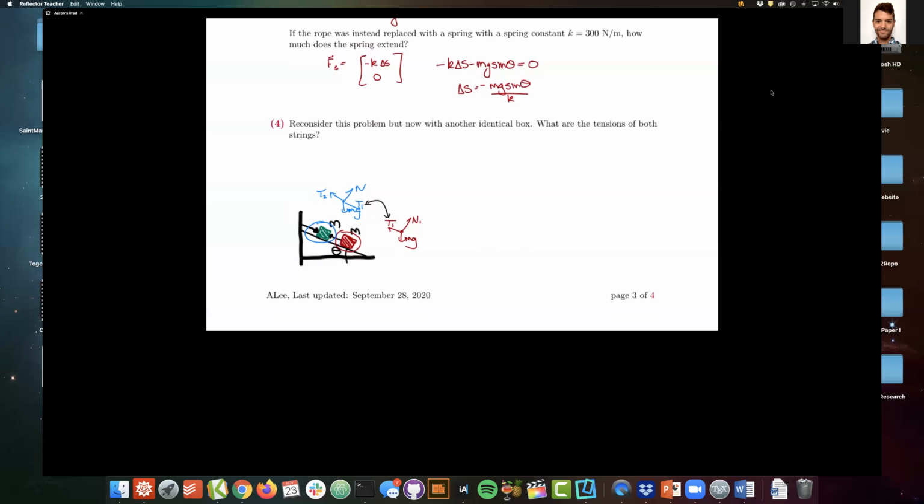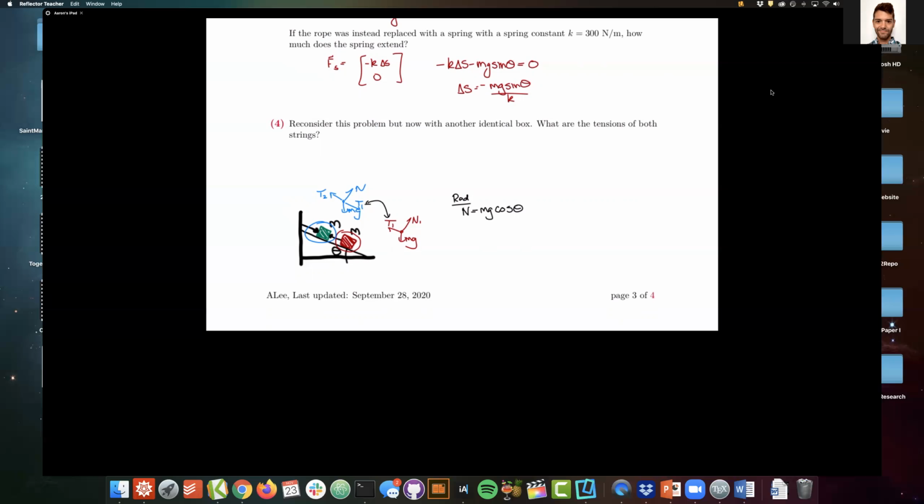So in this case, for the red box, again, the vertical component, by vertical I mean away from the ramp, ends up just being the same as it was above. The normal force is mg cosine theta.